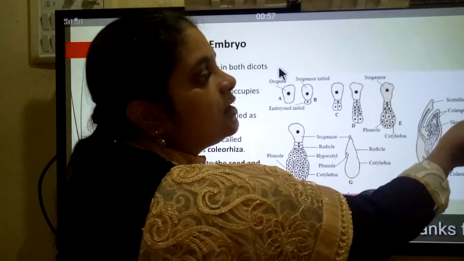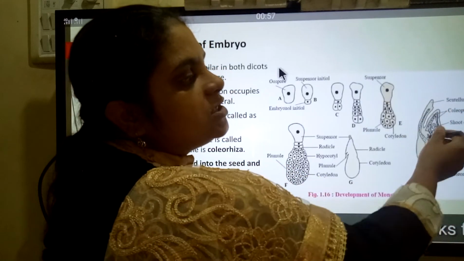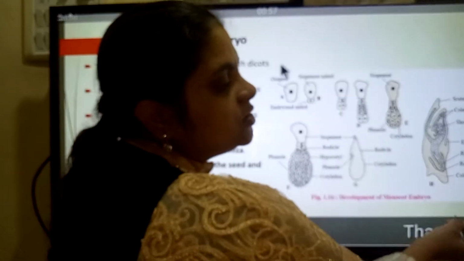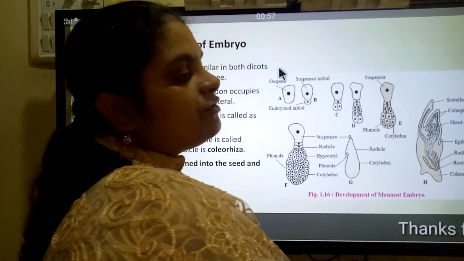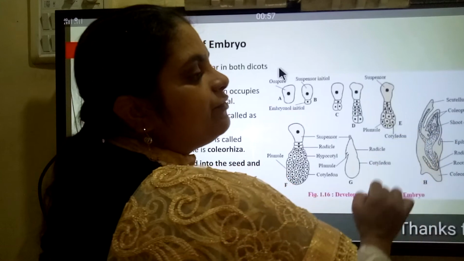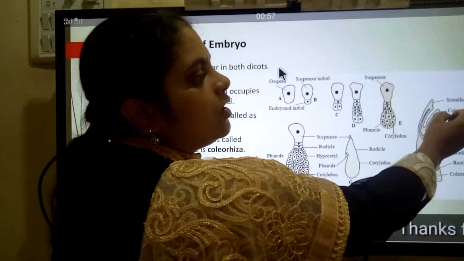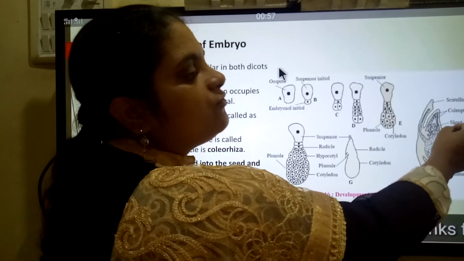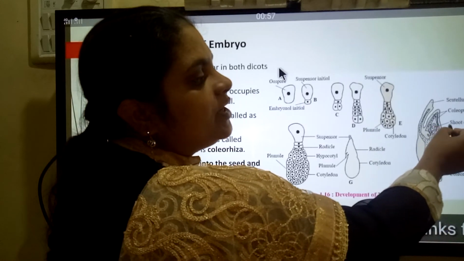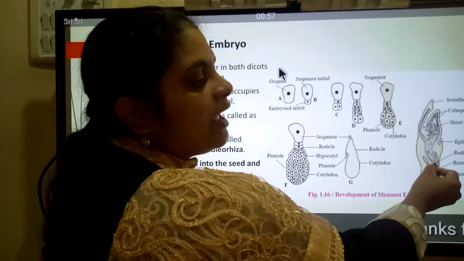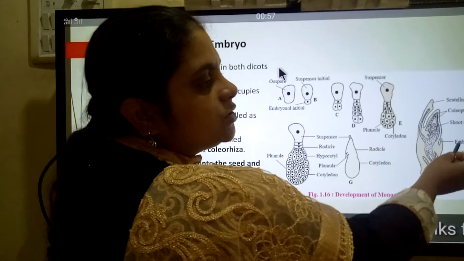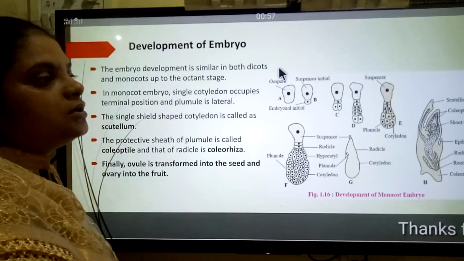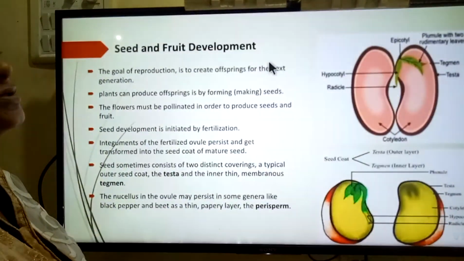This coleoptile sheath covers the plumule, and this lowermost sheath, the coleorhiza, covers the radicle. So these two sheaths, coleoptile and coleorhiza, form a covering around the plumule and radicle. This kind of structure we observe in the monocotyledon.